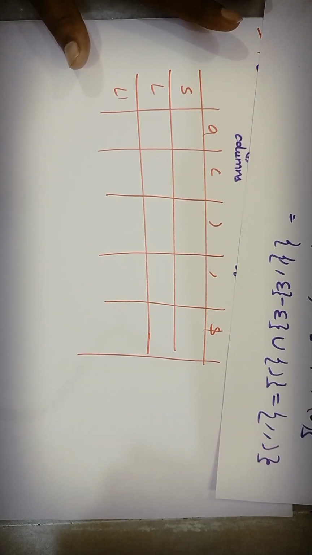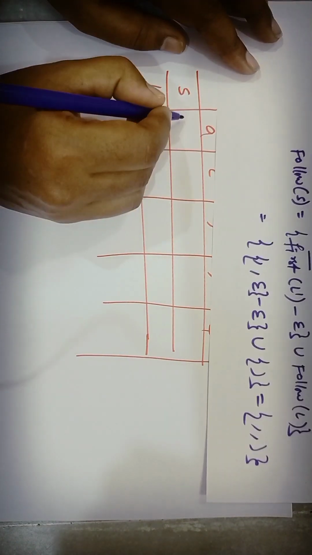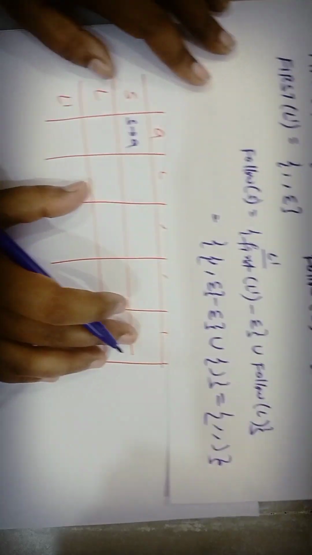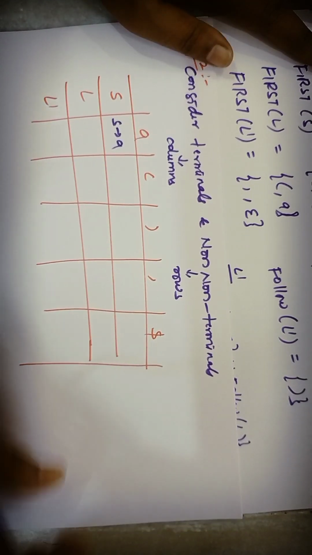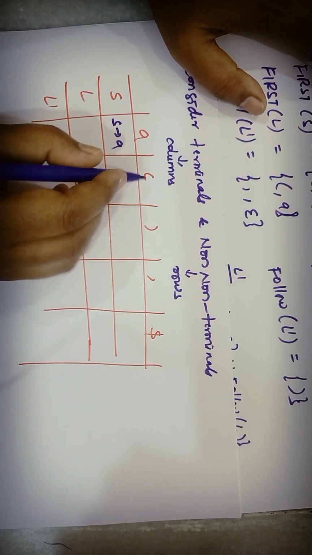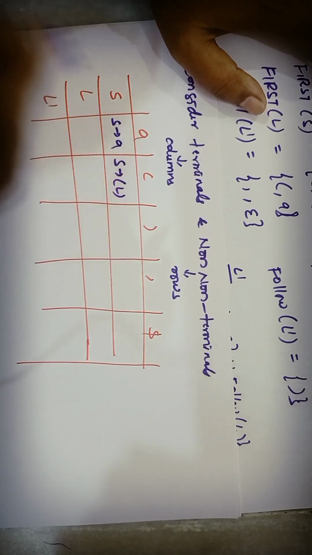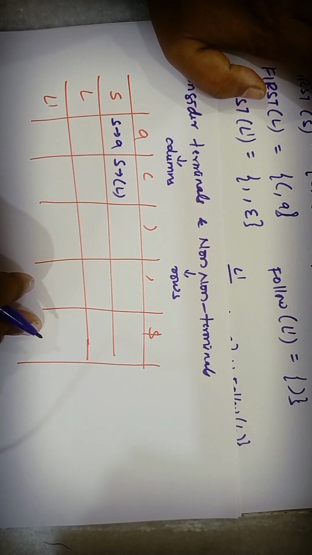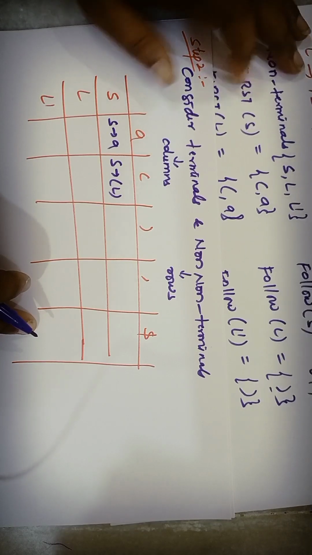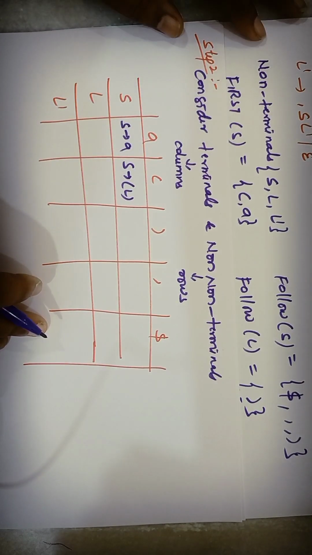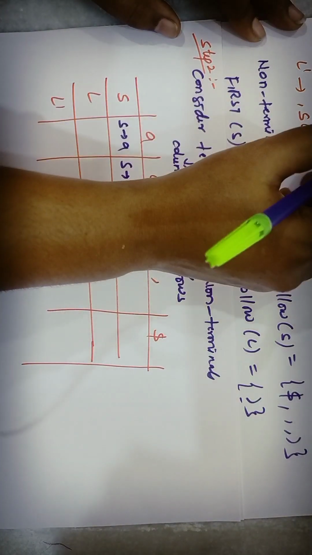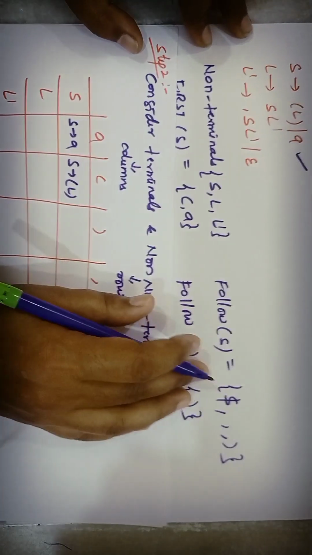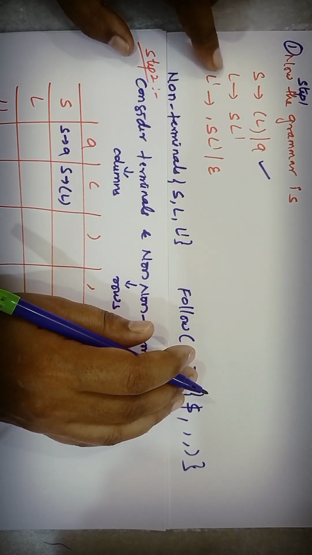So in the A column, the production we have to write is S tends to A. And next, in the open parenthesis we have to write S tends to open brace L followed by closing brace. This production we have to write, based on the first of S. Now the first production is finished.